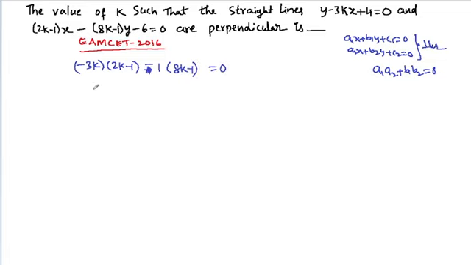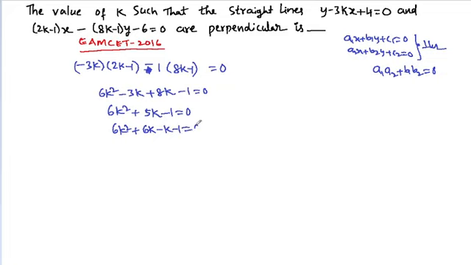Take minus common, 3 into 2k, that is 6k squared, minus 3k plus 8k minus 1 is equal to 0. From this 6k square plus 5k minus 1 is equal to 0. This is 6k square plus 6k minus k minus 1 is equal to 0.